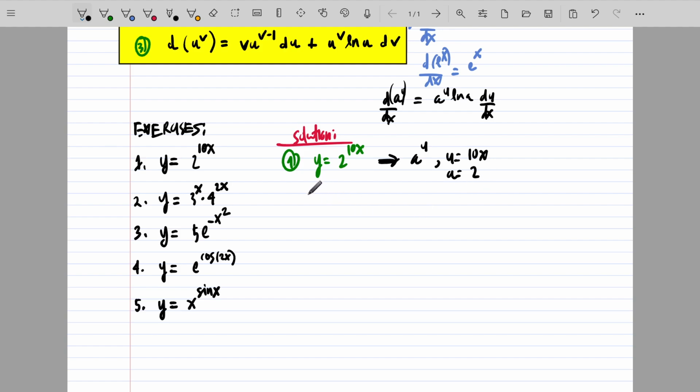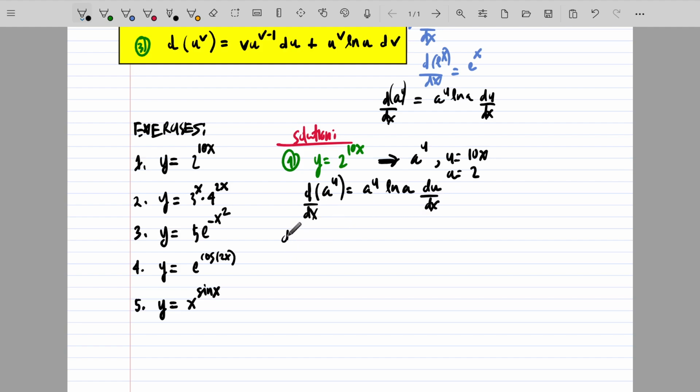So if you follow the rule for the derivative of a raised to u, which is a raised to u, ln of a, du, with respect to x.